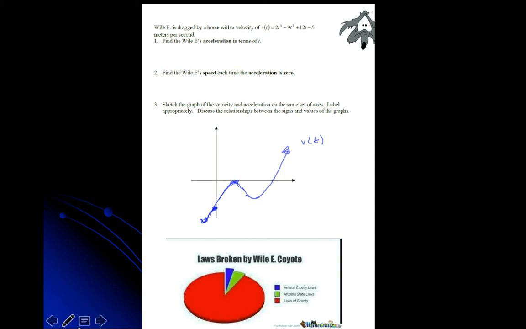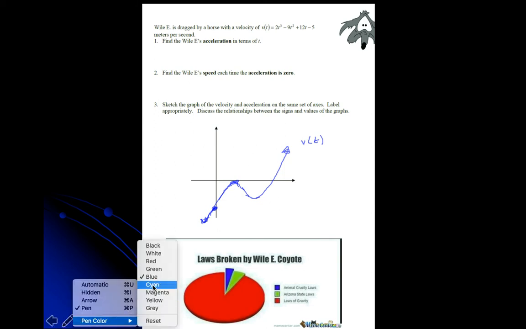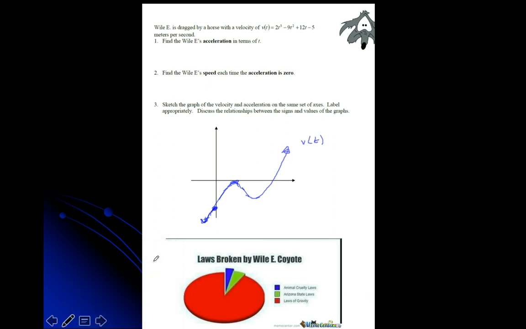When I graphed the acceleration graph on top of that, my acceleration graph had a y-intercept of 12. What they're looking for here is for you to match.